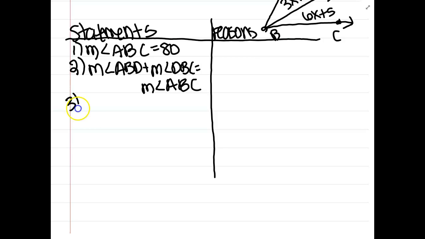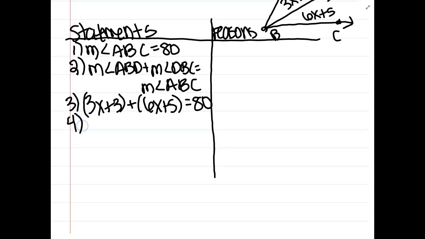Okay, the third statement says 3x plus 3 plus 6x plus 5 equals 80. The fourth statement says 9x plus 8 equals 80.